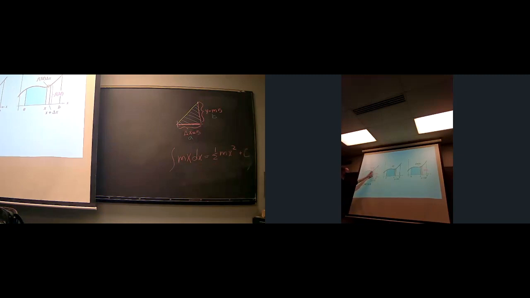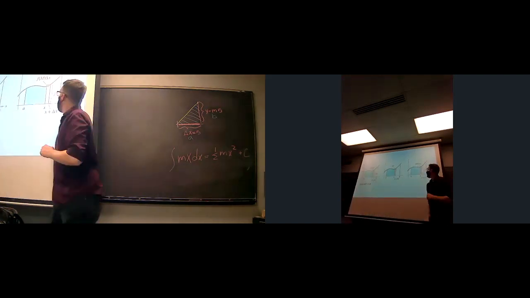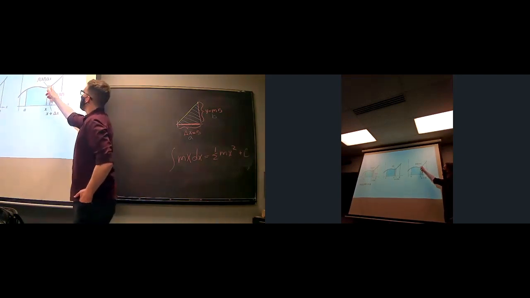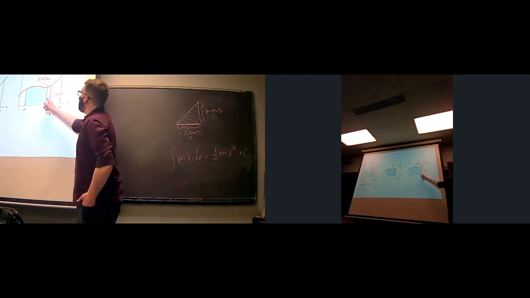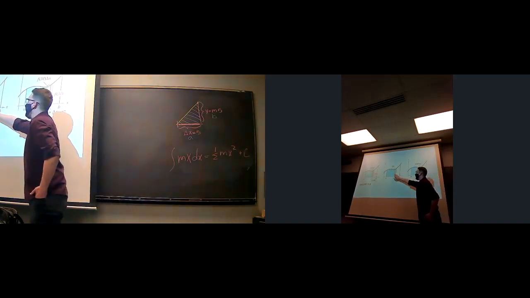This thing is going to have area smaller than what's actually under the curve from m to m plus delta x. Now, if we go the other way, and say the right-hand side is the height of our function, that's going to be a little bit larger than the area under our function.